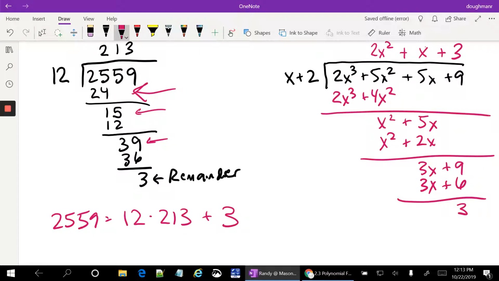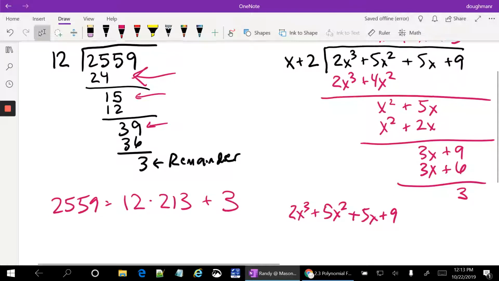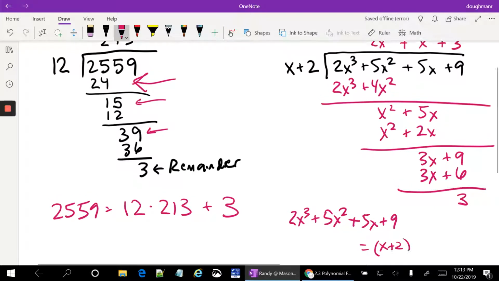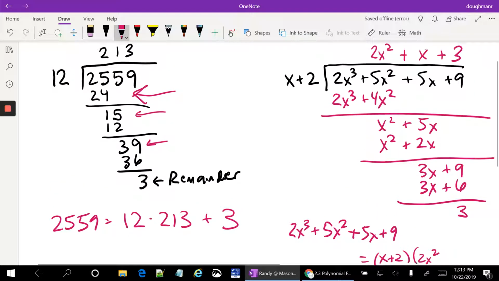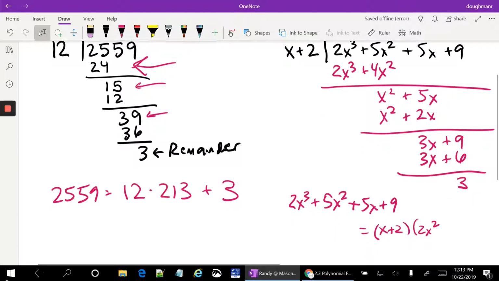Likewise, on the right, the inside function, 2x cubed plus 5x squared plus 5x plus 9, equals x plus 2 times 2x squared plus x plus 3, plus a remainder of 3.